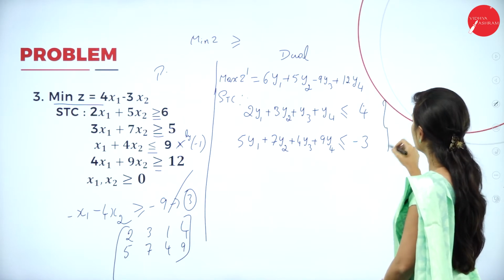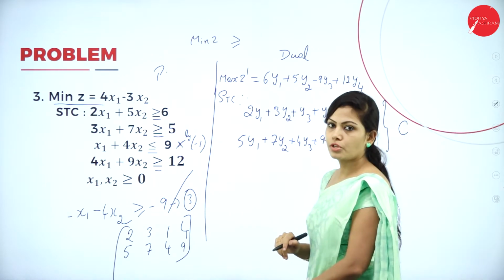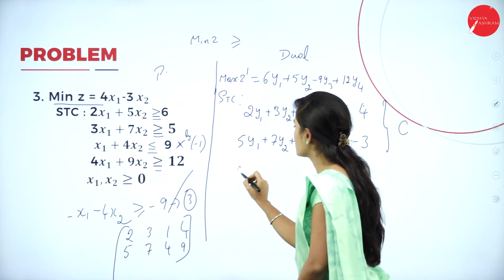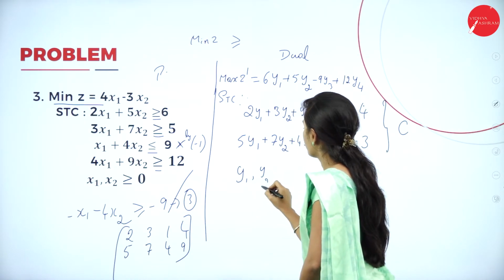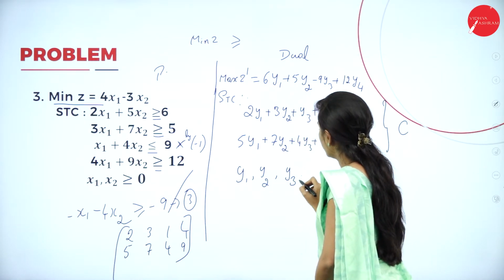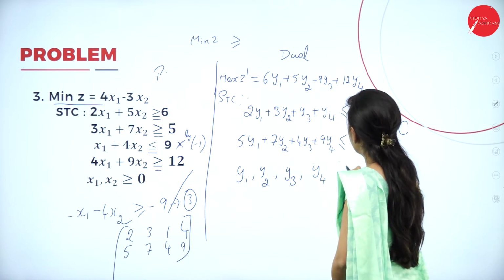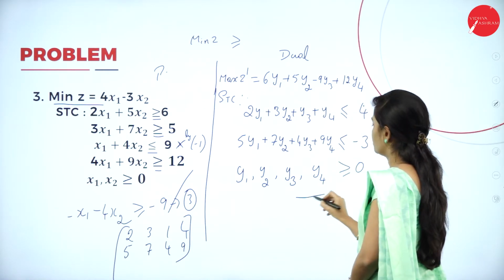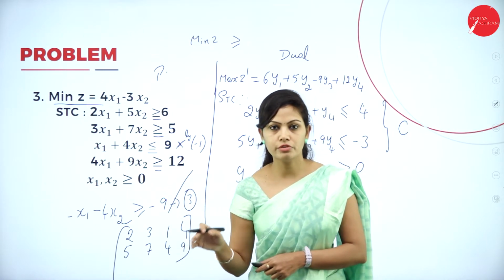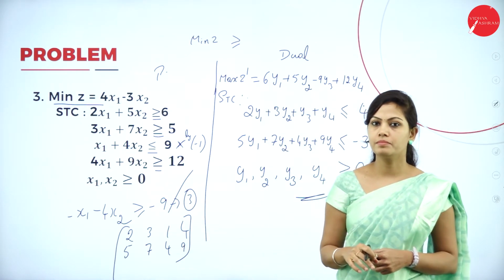So these are the constraint values. Now I have 4 variables y1, y2, y3, y4 greater than or equal to 0. So this is your conversion from primal to dual.